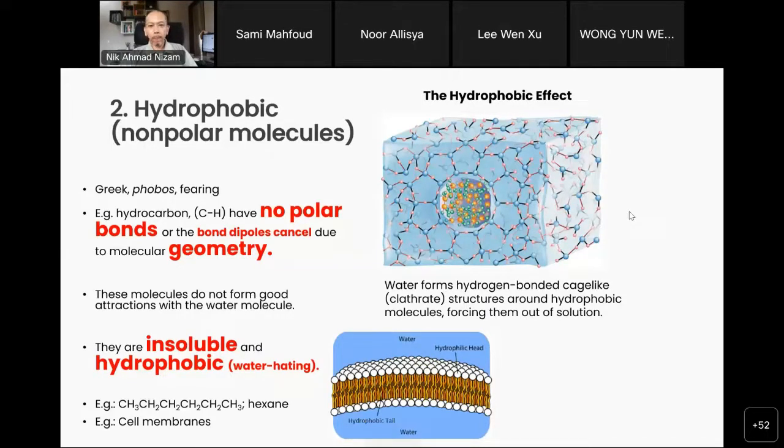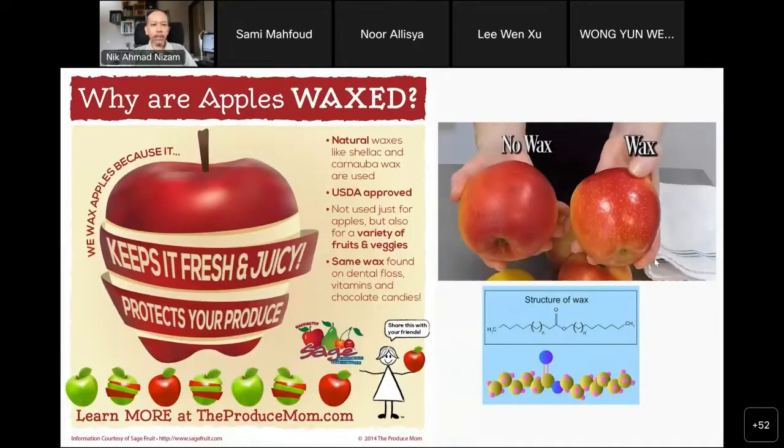Okay, I want to ask you. We know that apples you get in the supermarket, when you go to Aeon, you find that all of the apples are waxy. They have this wax on the surface of the apple. This is the structure of wax, which contains so many hydrocarbons.